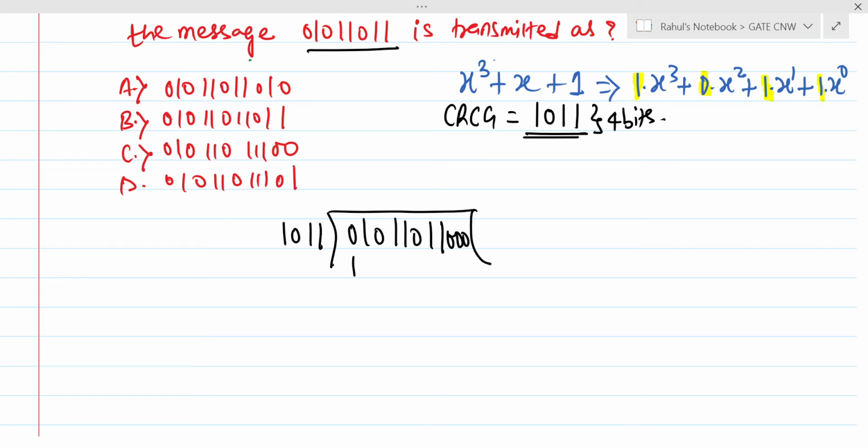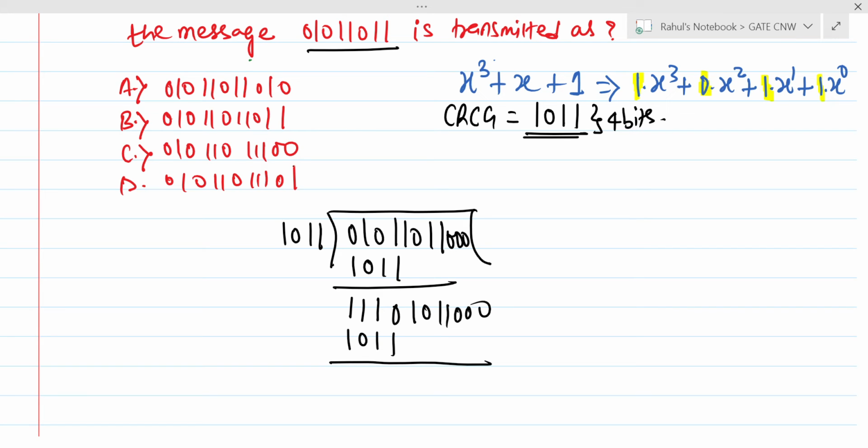So 1 0 1 1, perform XOR operation. 0 1 is 1, right? And what is our data? 0 1 is 1, 1 0 is 1, 0 1 is 1, and 1 1 is 0, and the rest is copied as it is: 1 0 1 1 0 0 0. Again 1 0 1 1.